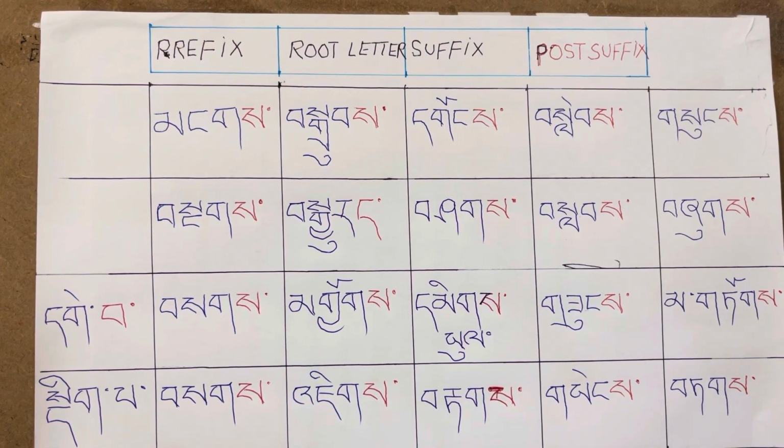In between two dots, 1, 2, 3, 4, gao da ma sa dam: to instruct, upadesh dinu. Upadesh. 1, 2, 3, 4, the first one and the last one remain silent.